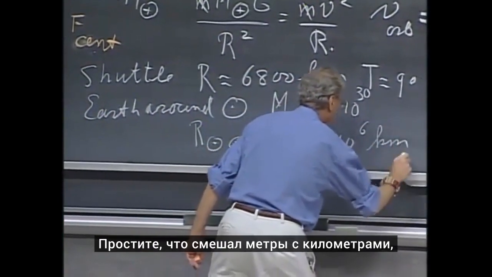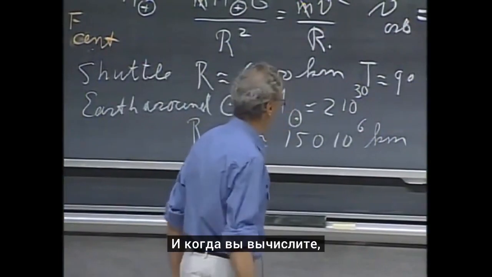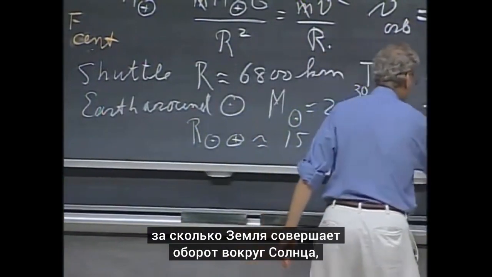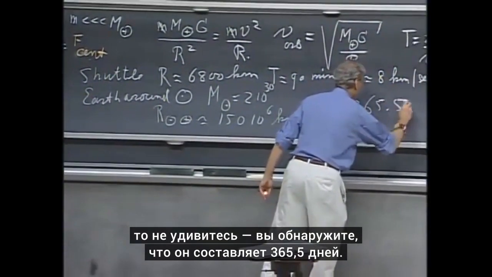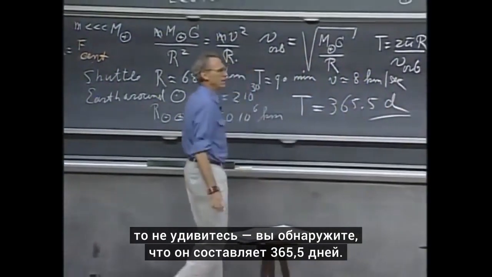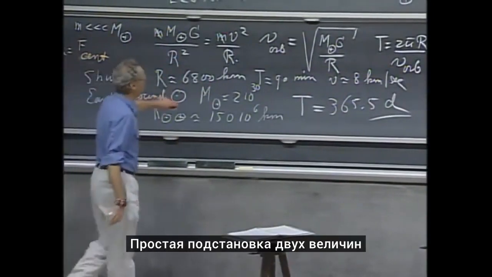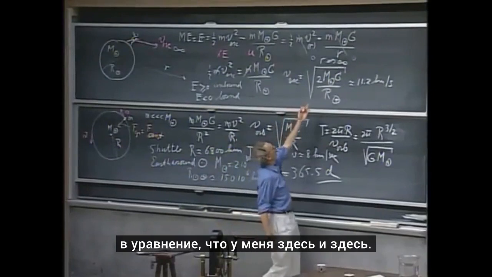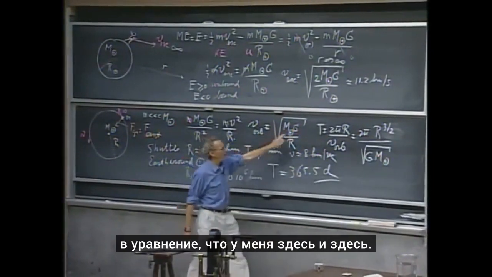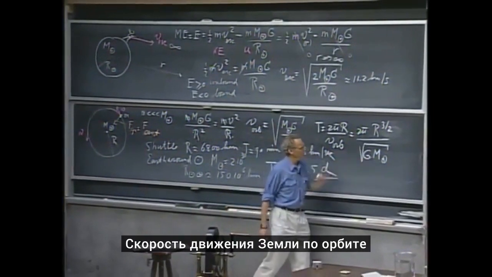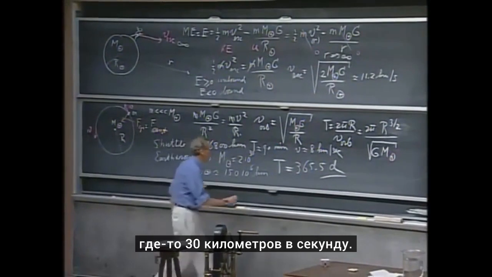Forgive me for mixing up meters with kilometers, but you have to convert that, of course, to meters. And when you calculate how long it takes the Earth to go around the sun, no surprise, you'll find 365.5 days. It's simply substitution of these two quantities in the equations that I have here. The velocity of the Earth in orbit is about 30 kilometers per second.